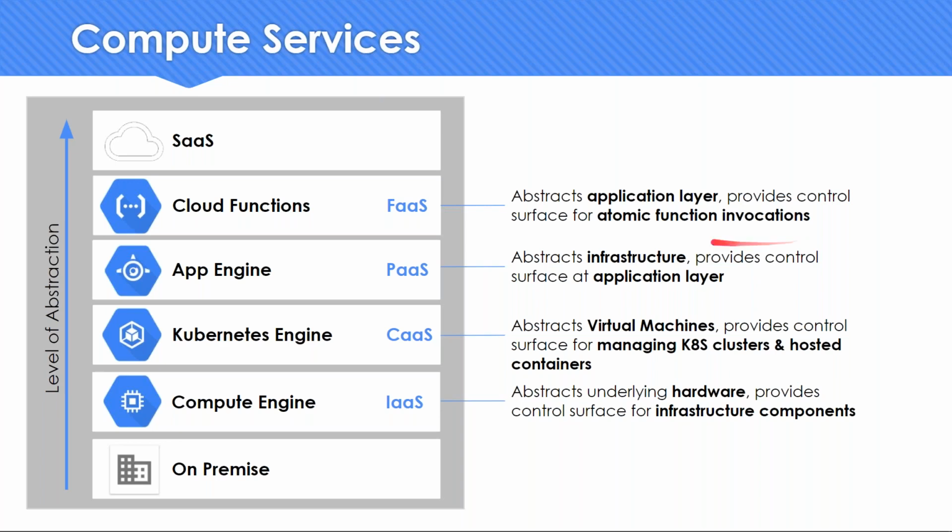Your focus is only on what kind of OS I want, whether I need a Windows OS or a Linux OS, and in Linux, what kind of distribution I should go with. And once I have provisioned an OS, what kind of software I should install. Should I install Python? Should I install a database or something else? That should be your focus when you're using infrastructure as a service. The underlying hardware is totally abstracted.